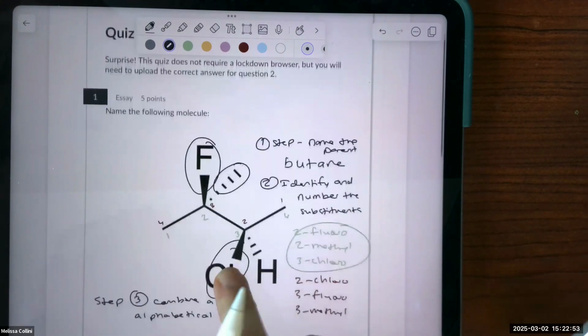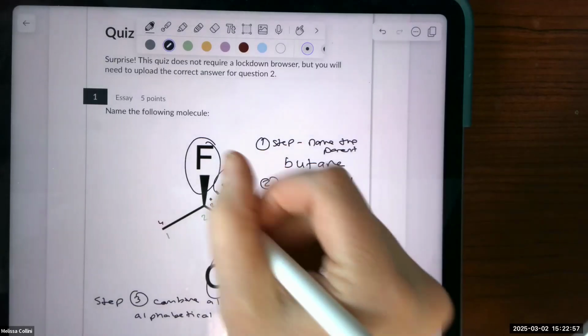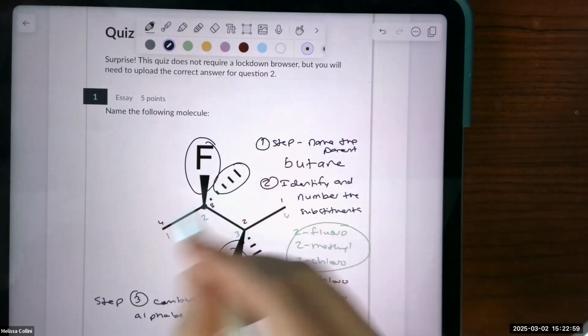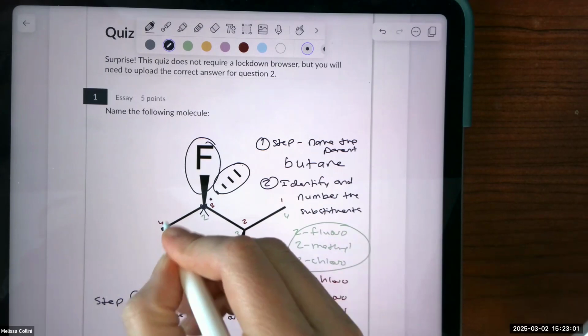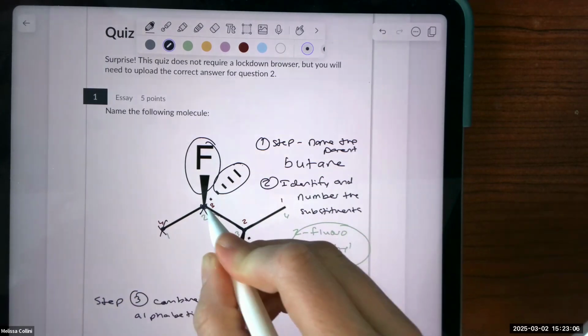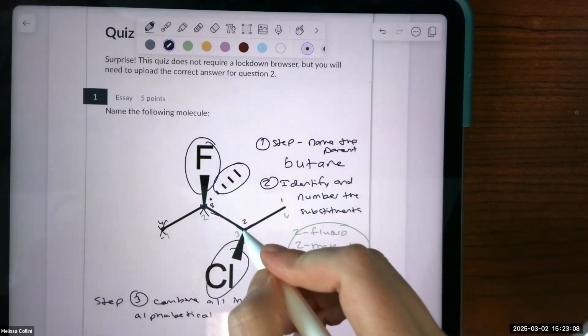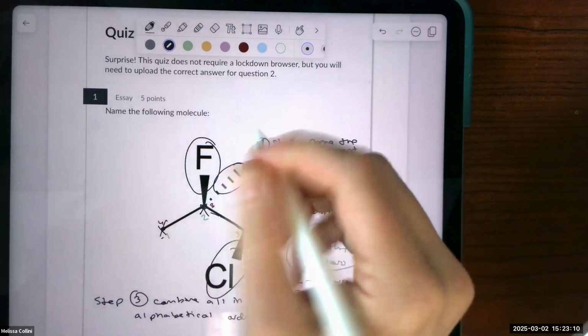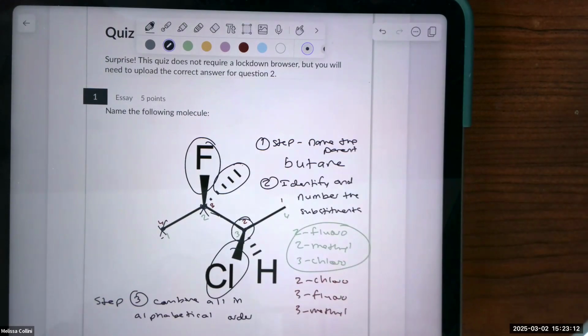So if we're looking for our chiral center, this carbon has 2 methyls, so that's not a chiral center. This carbon has 3 hydrogens, so that's not a chiral center. This carbon has a methyl, an ethyl with other things off of it, a chloro, and a hydrogen. So this is a chiral center, and we already have the hydrogen pointing back.